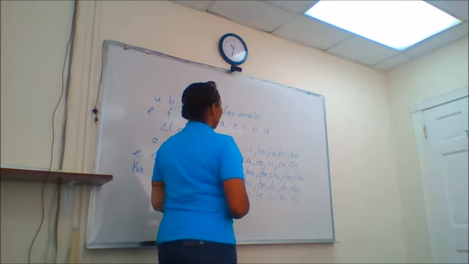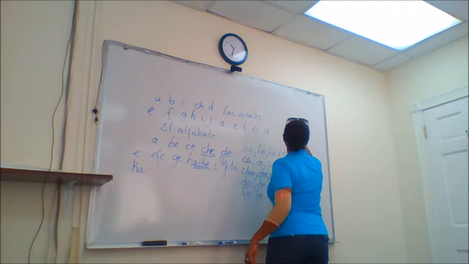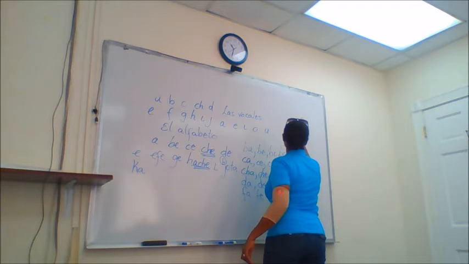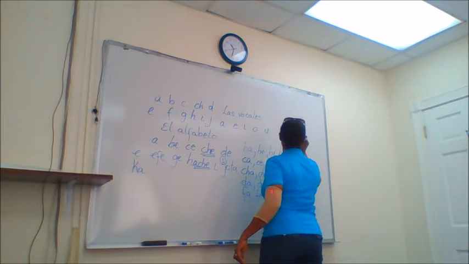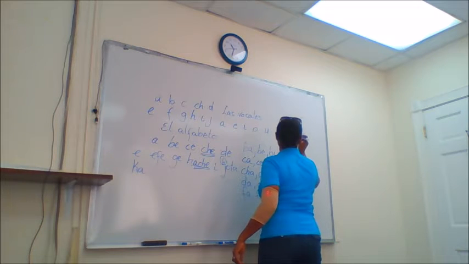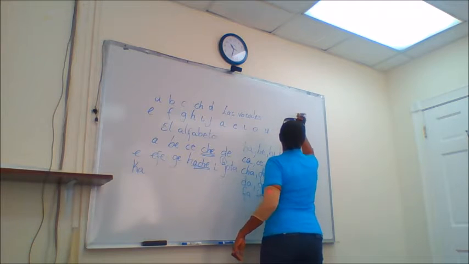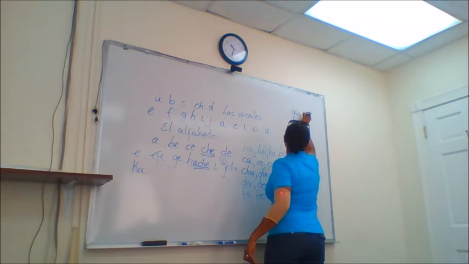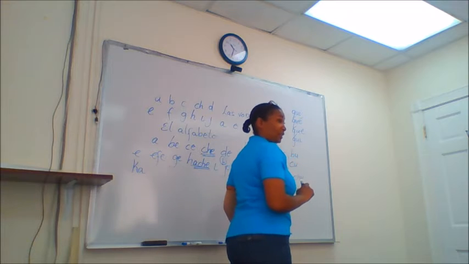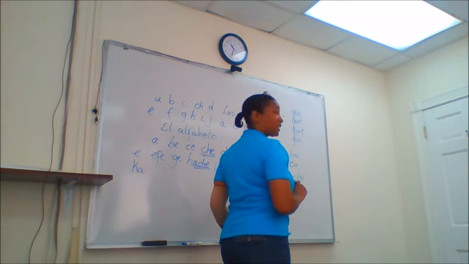If you take a look at, let me show you what I'm talking about. This is a word here in Spanish, all right? And then you also have, you see all those sounds there?